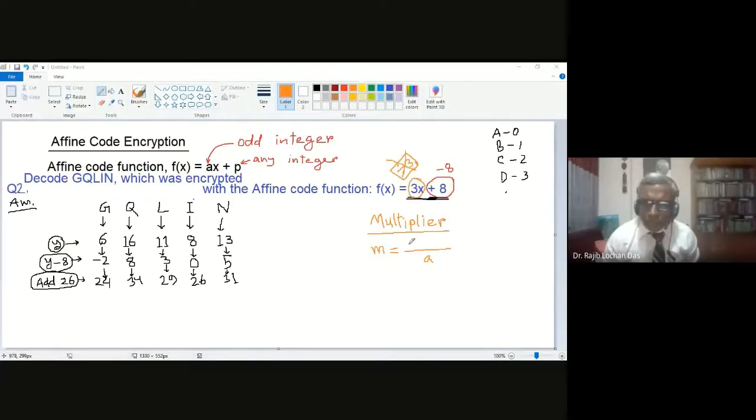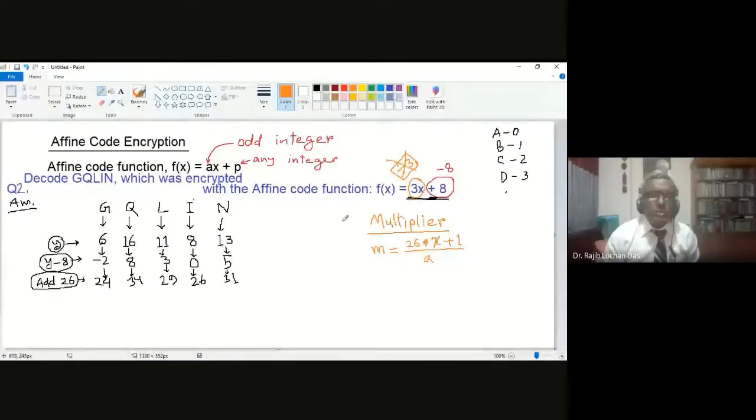So we will write 26 into, okay, let me write star. Star is into, and then x, and then plus 1, and then divided by a. So this formula you just keep it in your brain.